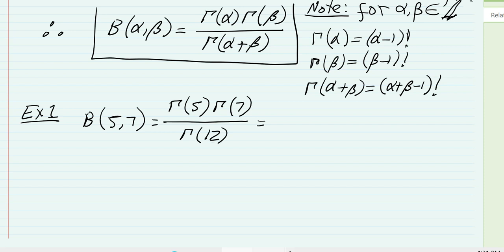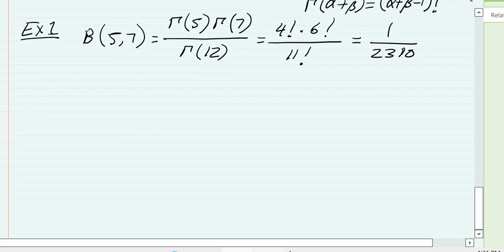Because both 5 and 7 are positive integers, then we can go gamma of 5 is 4 factorial times 6 factorial divided by 11 factorial. Subtract 1 from each of those and factorial them. And then when you do this, you can work it on your calculator or by hand. It's not difficult even by hand. You get 1 over 2,310. Okay, that's what that is.